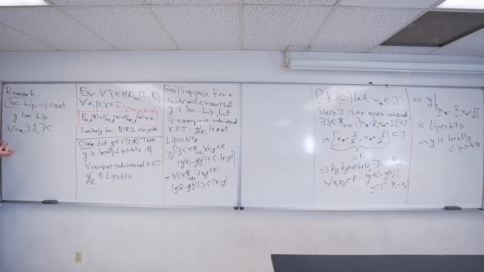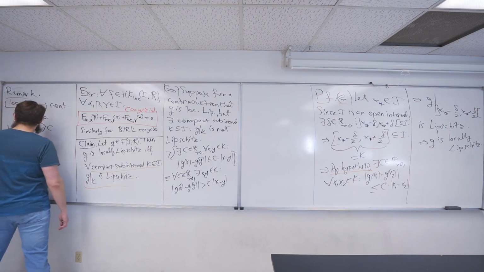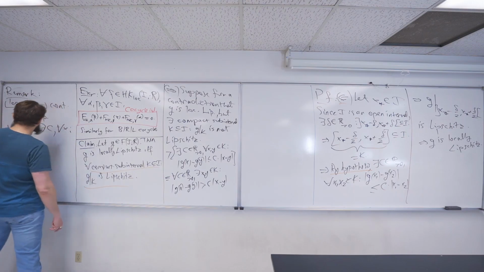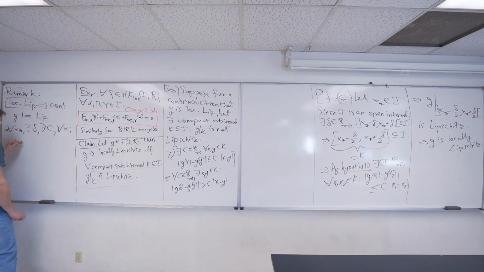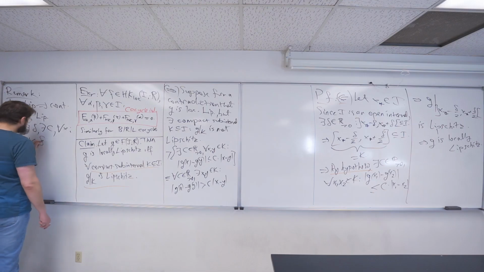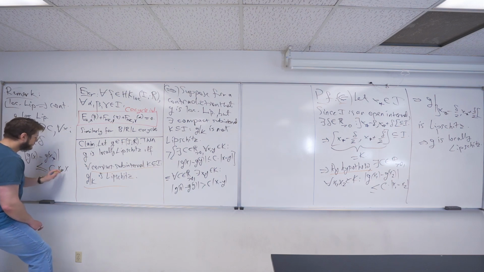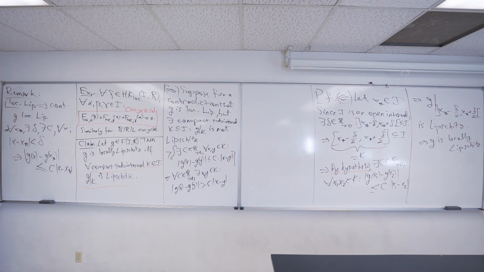But then instead of choosing two points that are delta close to x star, I can just choose one of the points to be x star itself, because certainly x star is delta close to itself. Therefore, for any x star, there's a delta and there's a constant such that for any x, if |x - x star| is within delta, then |g(x) - g(x star)| is upper bounded by c times this. Local Lipschitz property implies this.